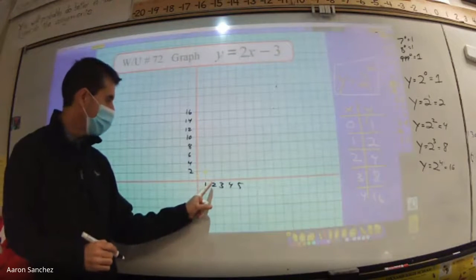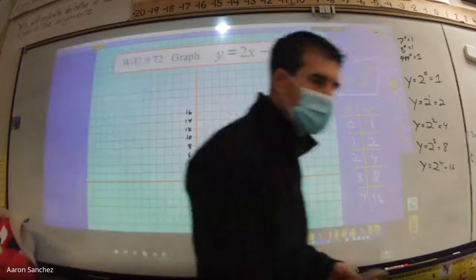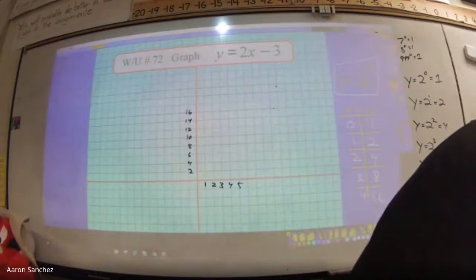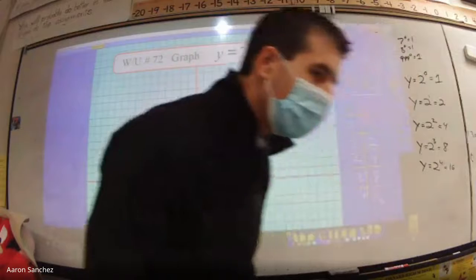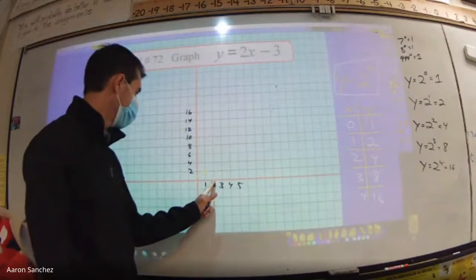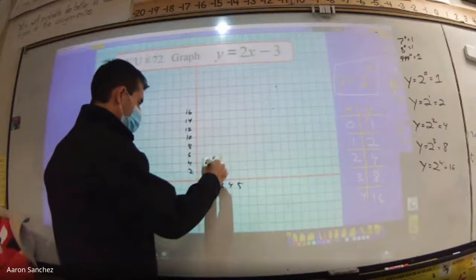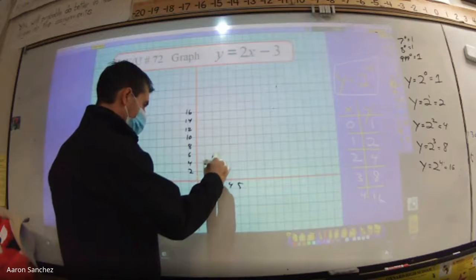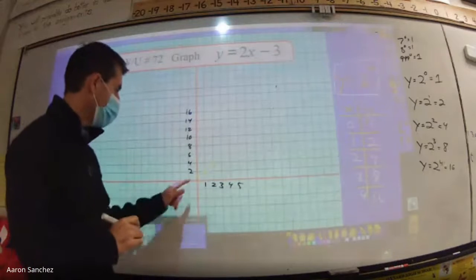When x is 2, what's my y going to be? Edith, when x is 2, what's my y going to be? 4. We're right here. Okay, now notice how it's going up.